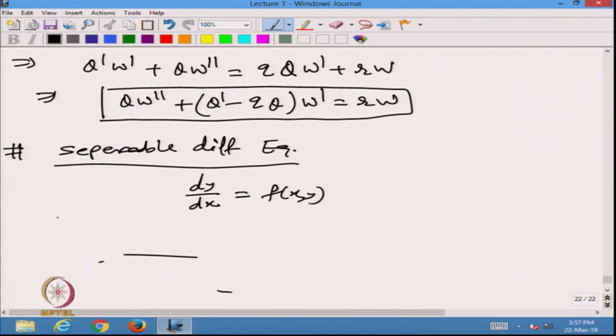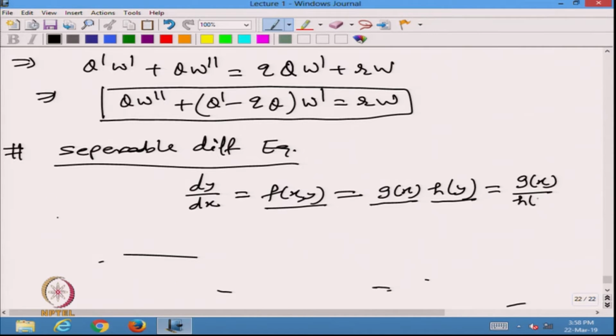So, this f(x, y) is a function of x and y. Let this function f(x, y) be written as g(x) into h(y). So, I can say that my function on the right hand side is separable, in the form of a function of x only multiplied by some function of y.